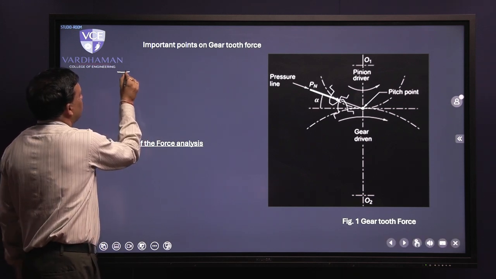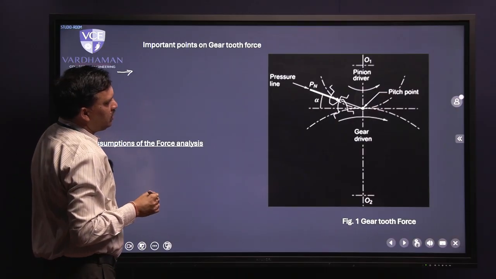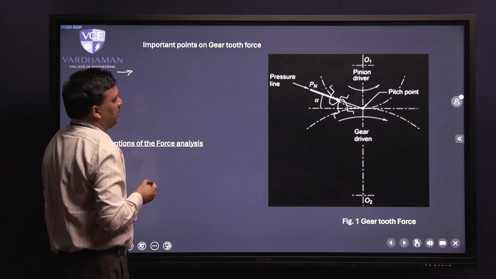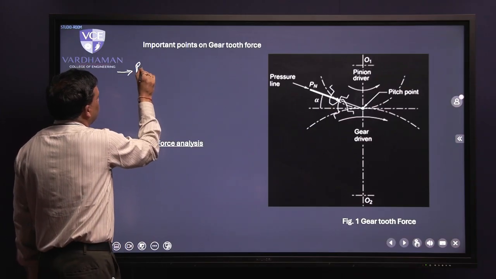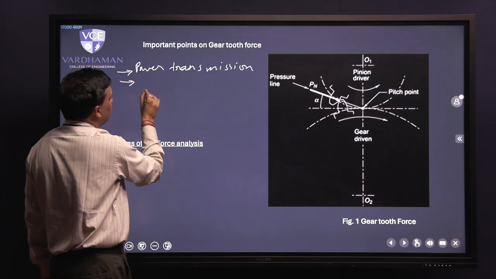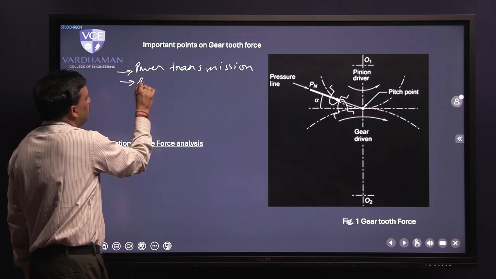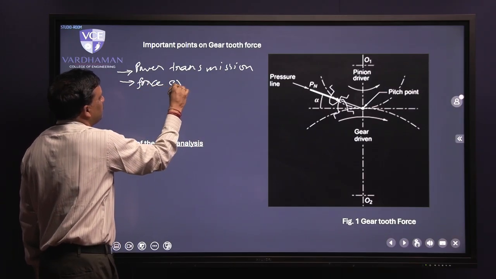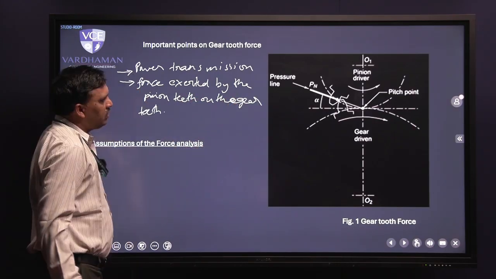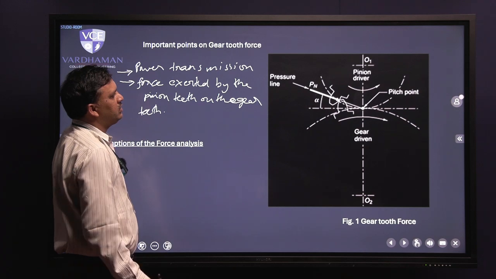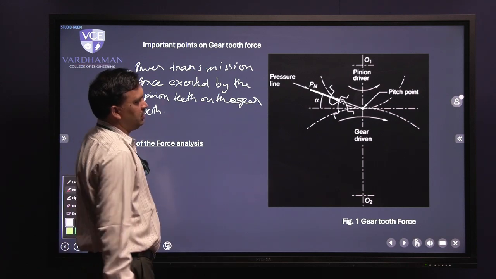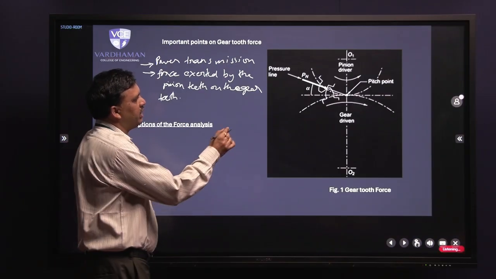The pinion is the driver and the gear is the driven gear for power transmission. Because the pinion is the driver, force will be exerted by the pinion teeth on the gear teeth. Also, an important point from the figure is that the pinion is rotating in the anti-clockwise direction and the gear is rotating in the clockwise direction.